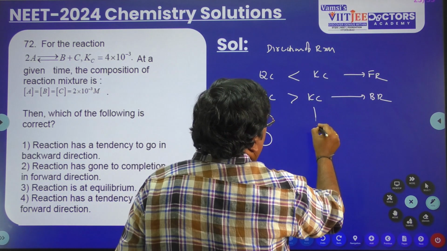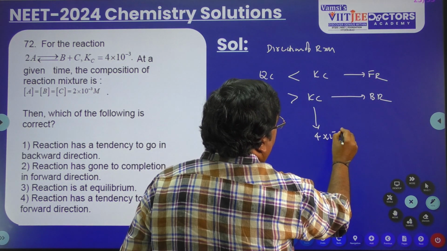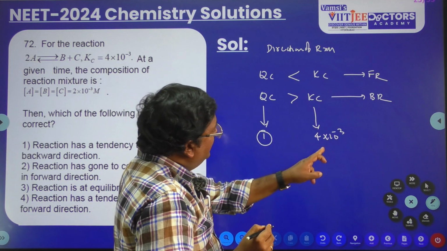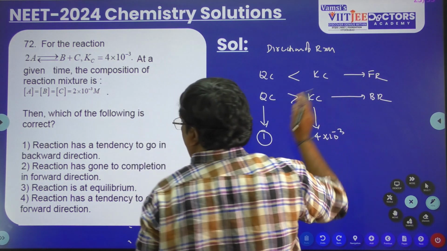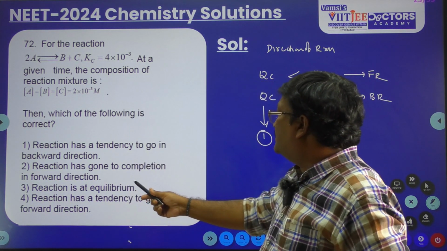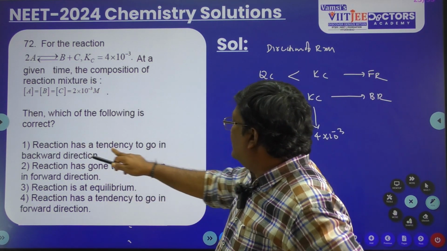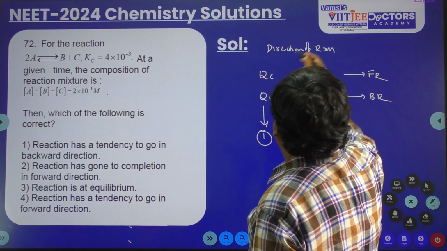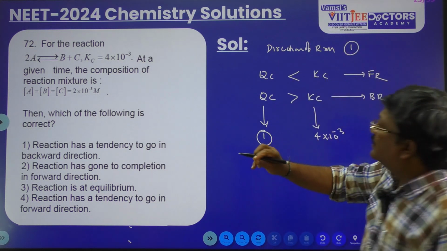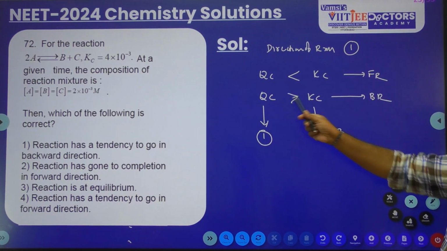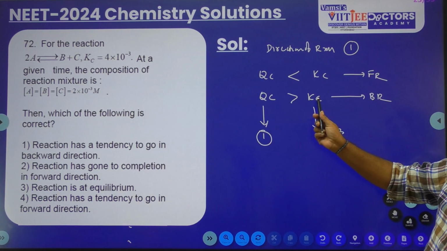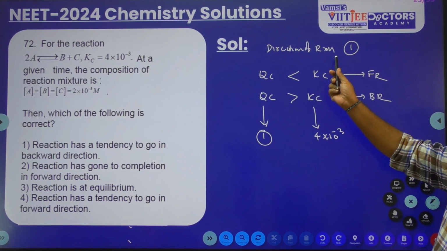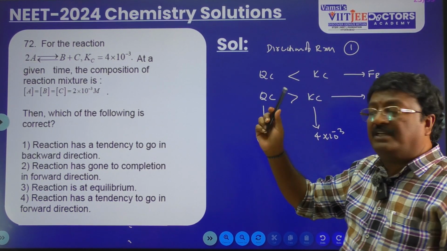Here Kc is 4 into 10 power minus 3. Kc value is less than Qc, so the reaction has a tendency to go in the backward direction. Here, option 1. So it is a question based on Qc and Kc. Kc is smaller than Qc, so that's why it is a backward reaction.